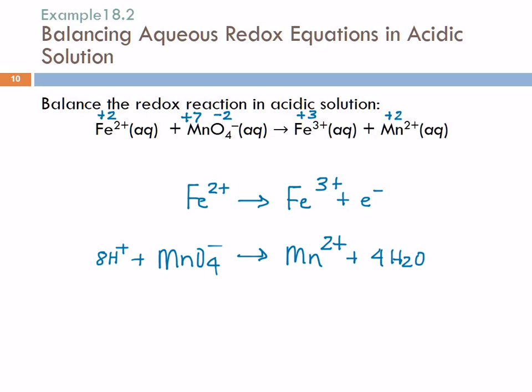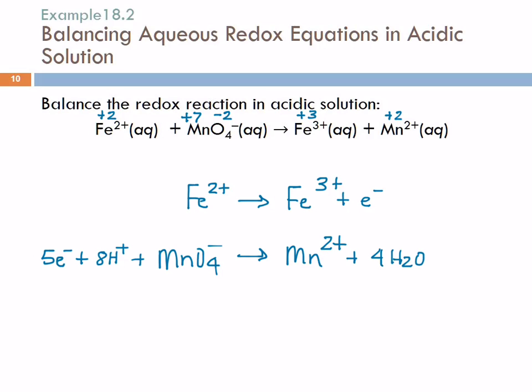We need to get that down to +2. So I'm going to add 5 electrons. So 5 negatives, 8 positives, and a negative add up to equal the +2 on that side. Does that make sense? You could make an equation for it, but that's actually more confusing than just thinking about it.